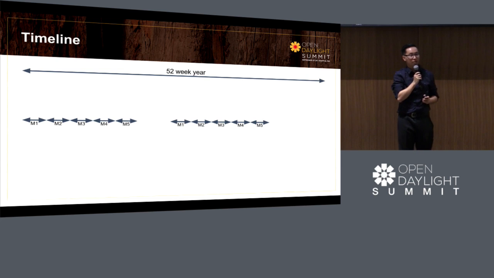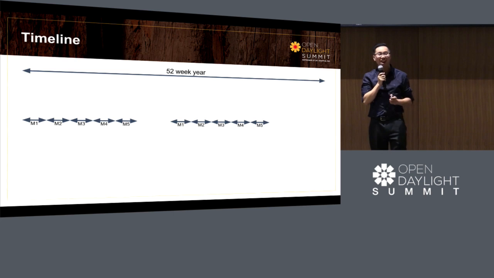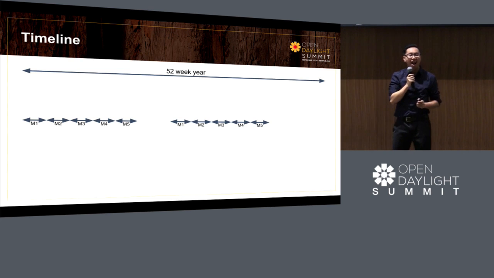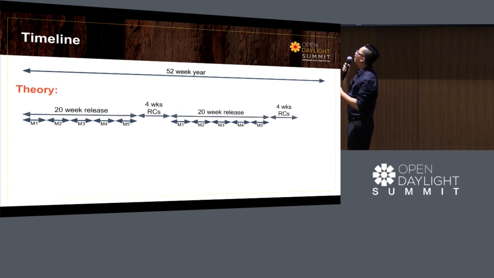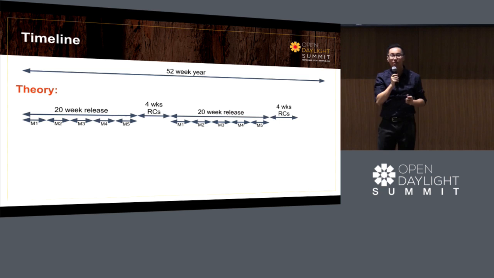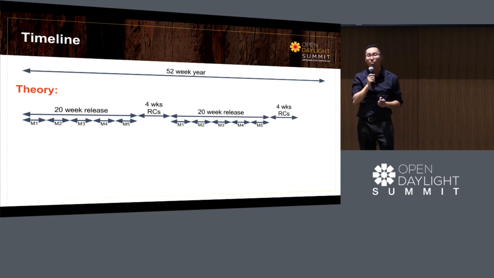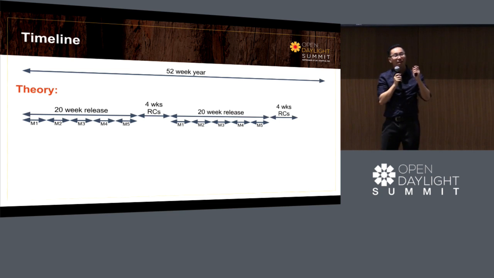So if you take a look at this diagram, we have 52 weeks in a year. And generally, we want to release twice a year. And in theory, we would have 20 weeks of development followed by 4 weeks of release candidate. But theory and practice isn't always the same.